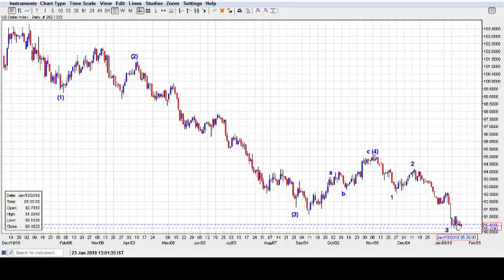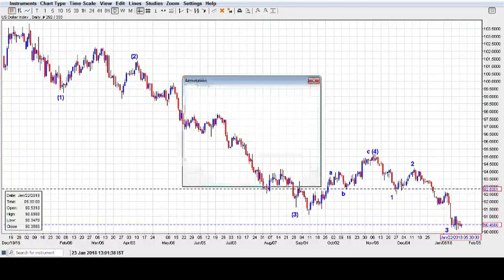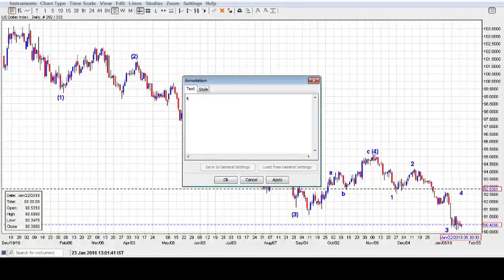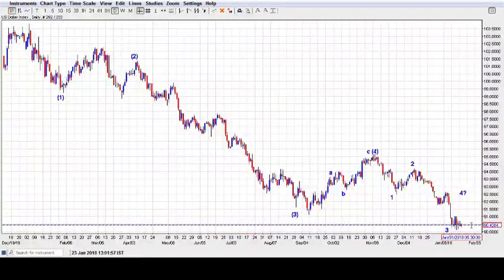We are already into a rally mode here. The fourth wave could terminate somewhere in the vicinity of 9150 towards the 9250-60 region.